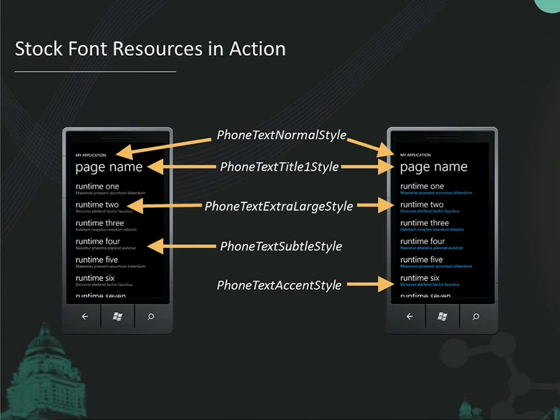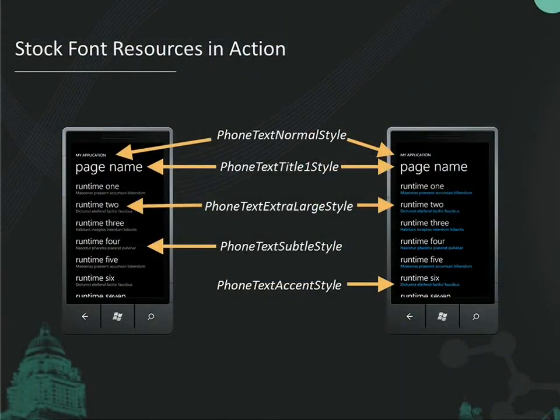In fact, this type of UI right here is a fairly common one seen in phone applications, where we have a list box control showing a list of items. We might even use a pivot control to allow the user to scroll sideways and see different pages of the app. But what I've done here, so that this display in my app looks like similar displays in other apps, is I've used default or stock styles for the fonts, and I've listed those in this slide.